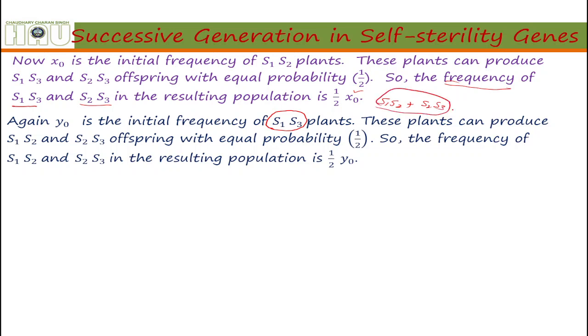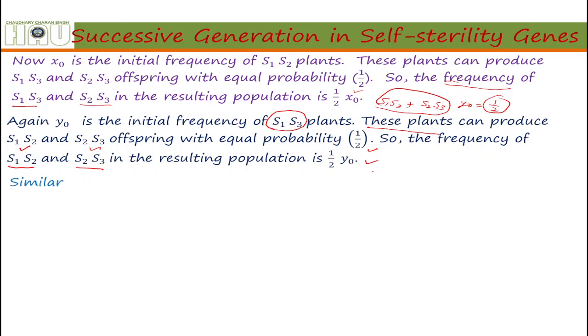So this Y0 frequency is divided among these two in equal proportion, means half. These plants can produce S1 S2 and S2 S3 offspring with equal probability, half. So the frequency of S1 S2 and S2 S3 in the resulting population is half of Y0.